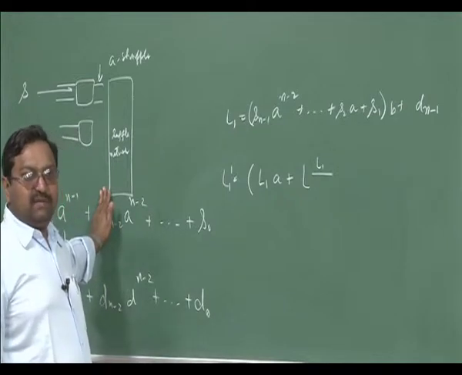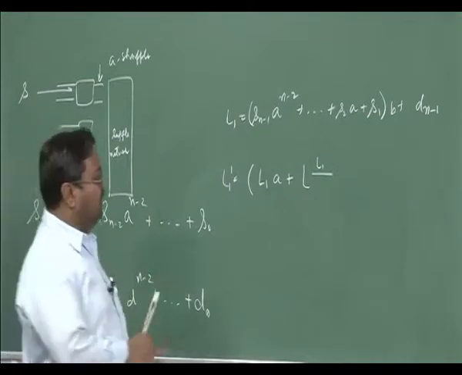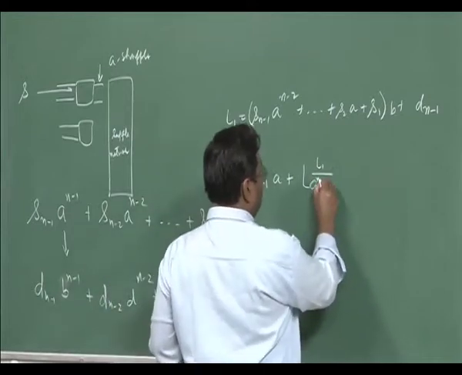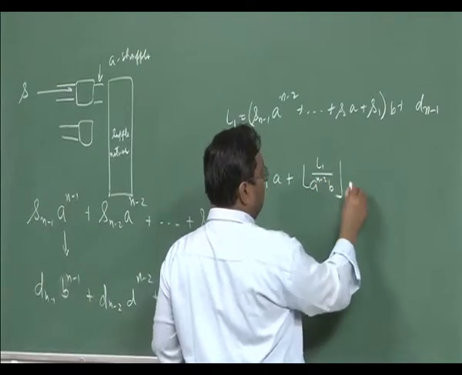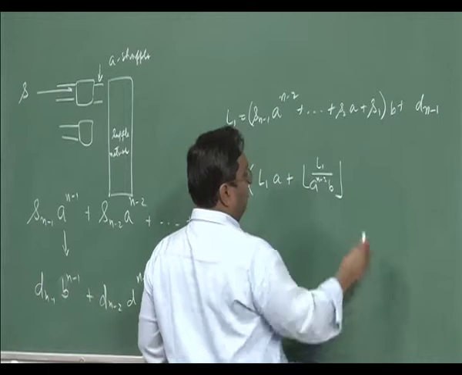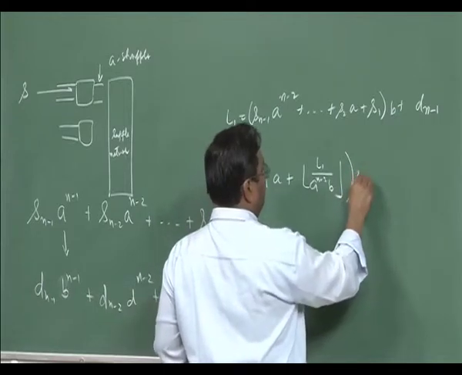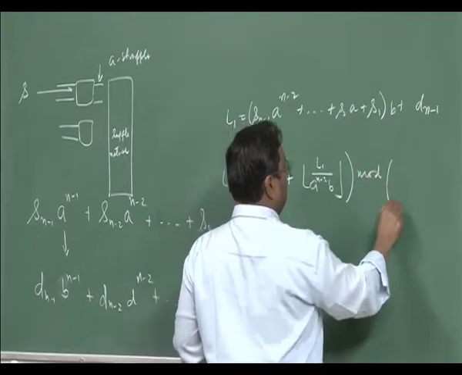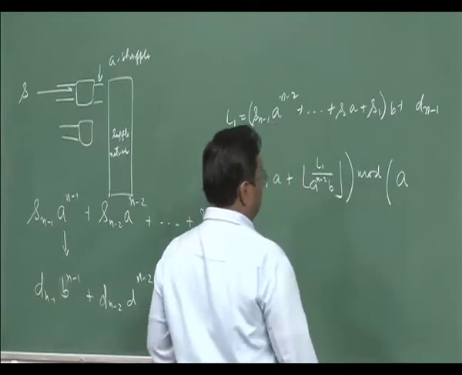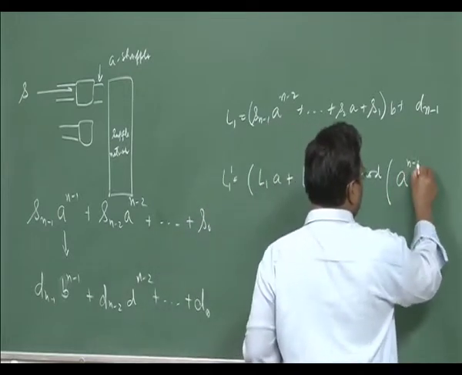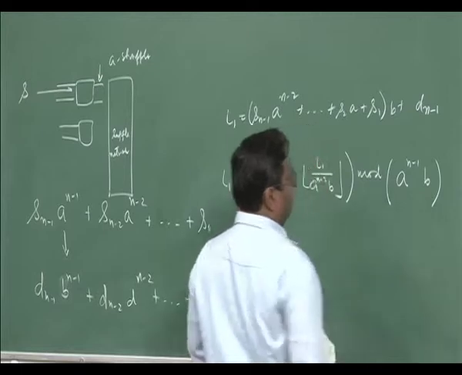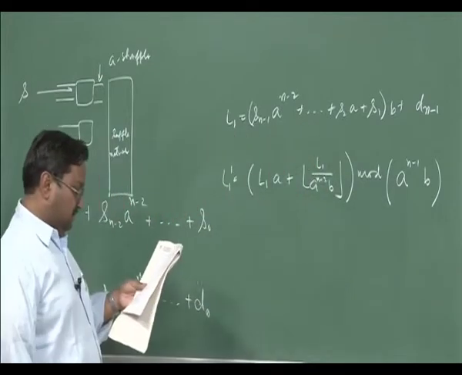So this A raised power n minus 1 into B, so this will be A raised power n minus 2 into B. Okay, modulo operation. So this is what was there.